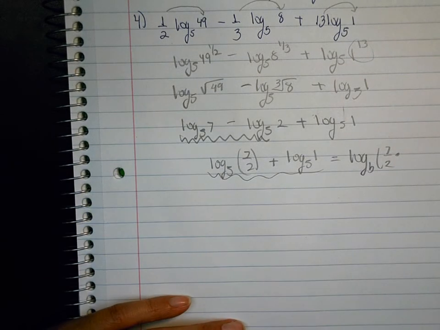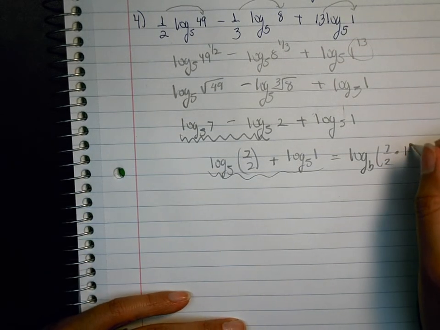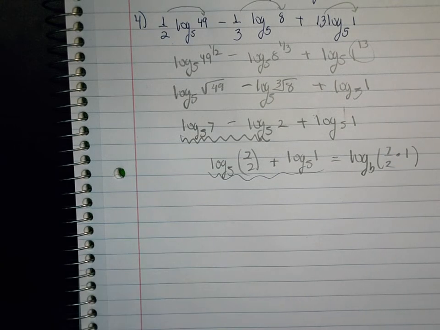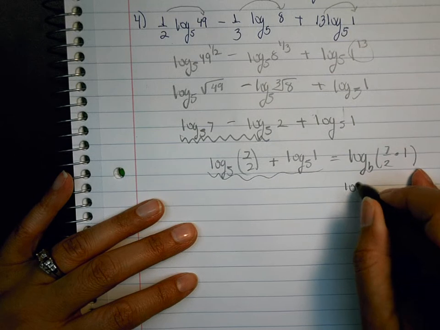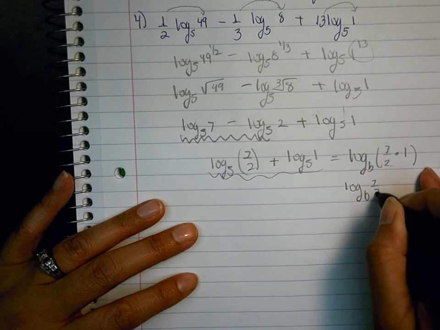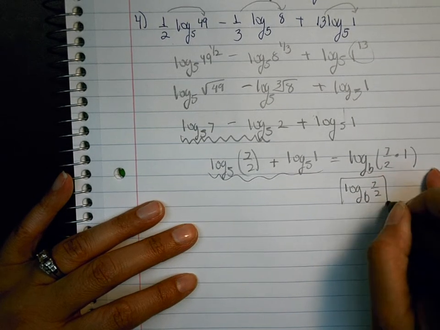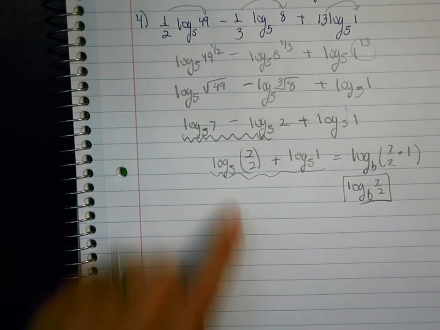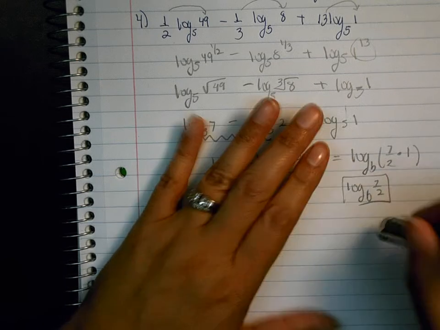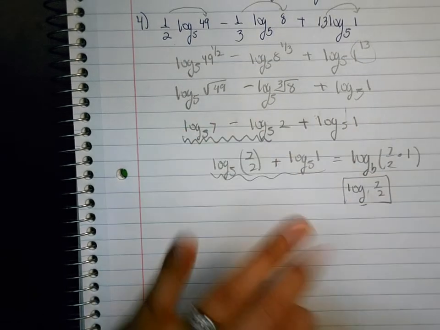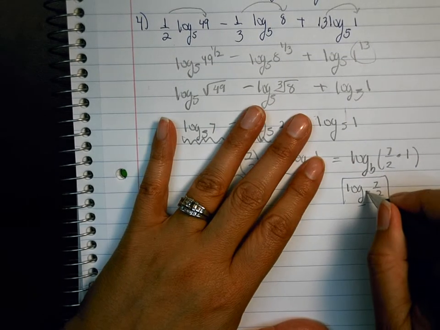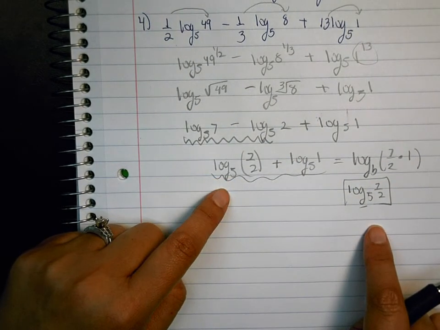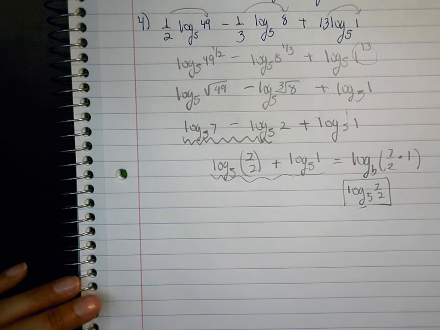And what's 7/2 times 1? So log base 5 of 7/2 is my final answer, sorry, getting carried away. Is that what I said I should have gotten earlier? Same answer. I just condensed it to show you that the rules do work.